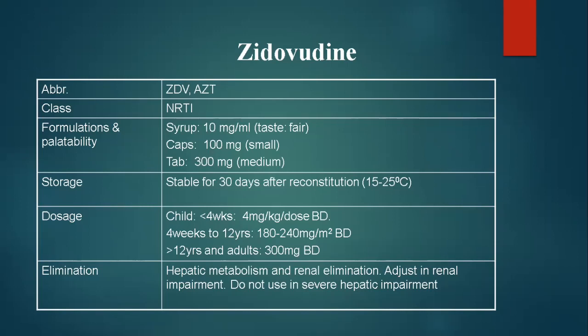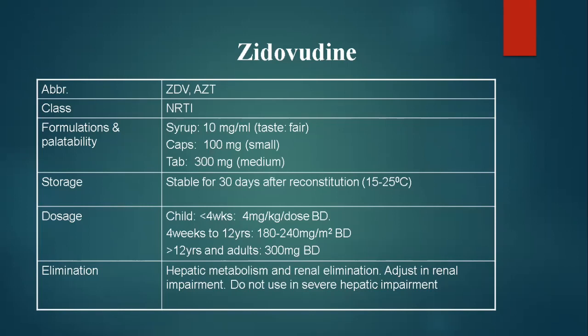And then on elimination, how can it be eliminated? So in hepatic metabolism and renal elimination. So it should be adjusted in renal failure and not used in severe hepatic impairment.